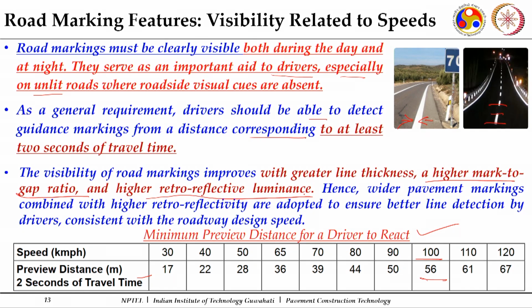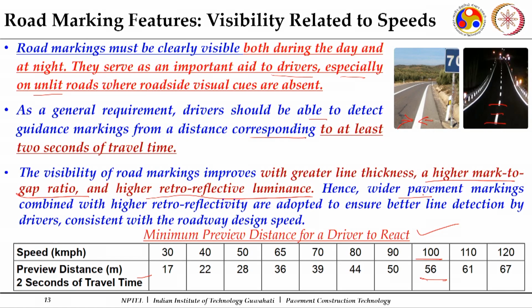This should be durable enough to provide the required retro-reflective luminance during its service life. Hence wider pavement markings combined with higher retro-reflectivity, which can be provided with the use of glass beads, are adopted to ensure better line detection by drivers, consistent with the roadway design speed. So this is quite important.